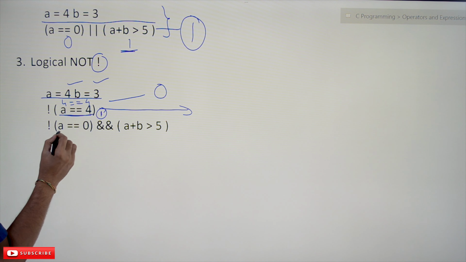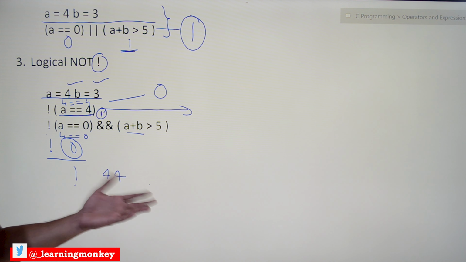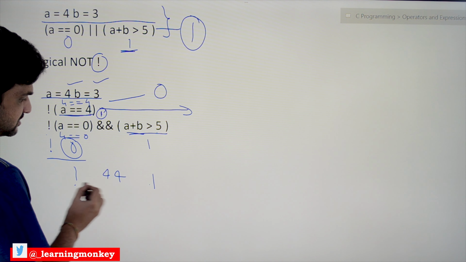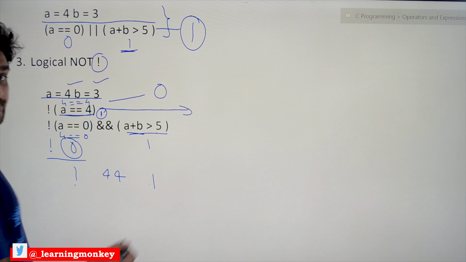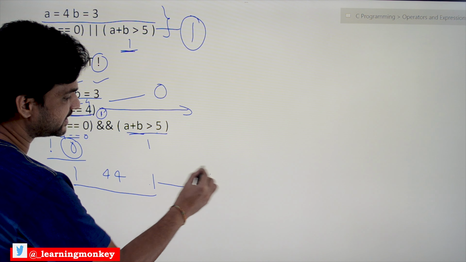And AND is used, which means both expressions should evaluate to 1. So this should be 1 and this should be 1. Then only it is going to produce an output of 1. And a plus b greater than 5. 4 plus 3, 7 greater than 5. Is it true? Yes, it is true. So it is going to produce an output of 1. So 1 logical AND 1. What is it going to produce? It is going to produce an output of 1.